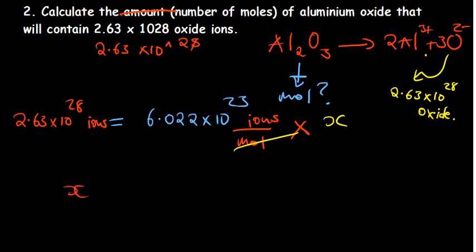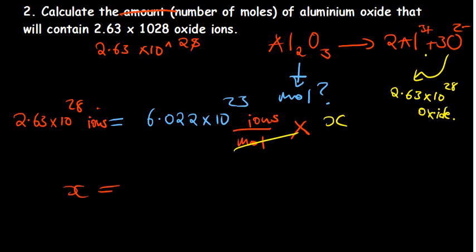So our value of X is going to be 2.63 times 10 to the power 28, the number of ions, divided by the Avogadro's constant right away, so that we get the number of moles of the oxide ion.